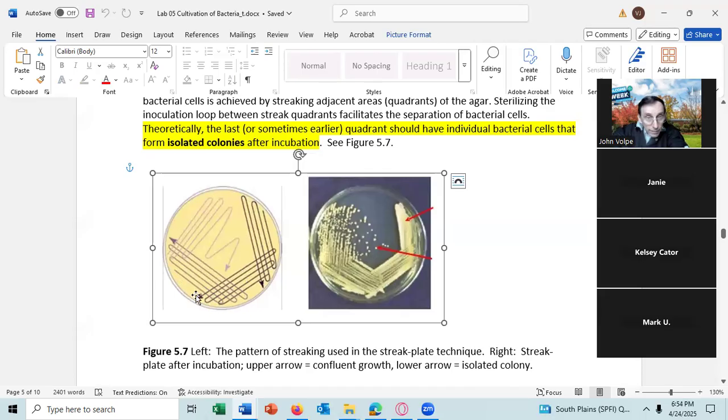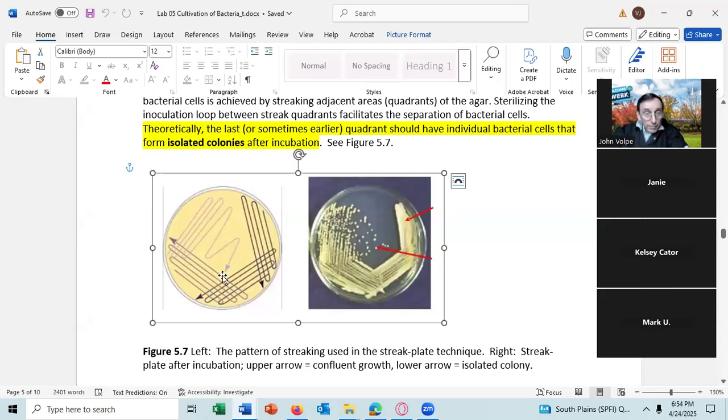So you go like to here, and then go back into quadrant 2 3 or 4 times. And this is going in there too many times. It's about 6 times. You don't do it 6 times, you do it 3 or 4. And like I said, you don't go all the way to here. You'd only go to about here to pick up your cells from quadrant 2 and then streak it out on quadrant 3.